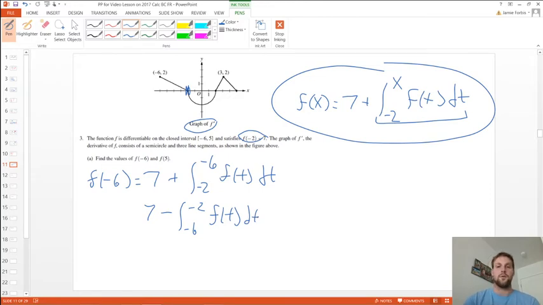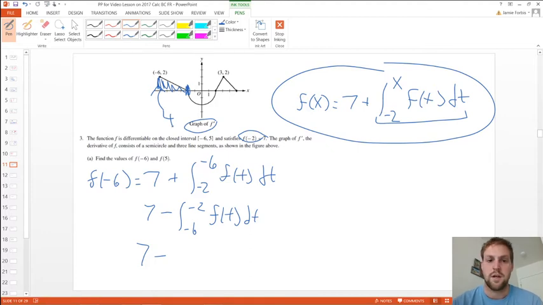So all I have to do is 7 minus whatever the area between -6 and -2 is. That's between here and here, and that is just a triangle, and that's, let's see, 1, 2, 3, 4 by 2, which makes this an area of 4.